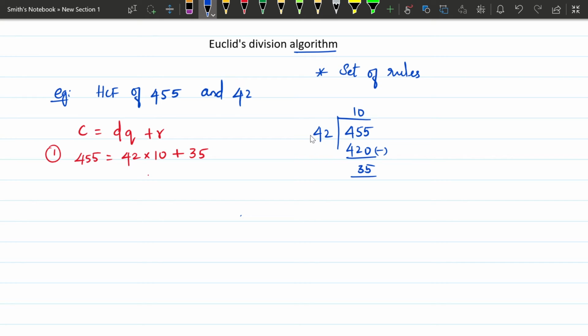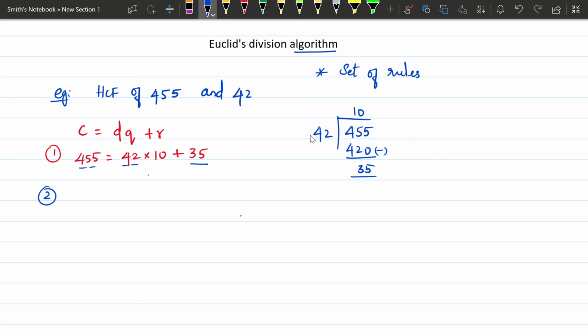We apply Euclid's division lemma until we get the remainder as 0. We'll see the rules later. We know a fact that if there is a common factor for 455 and 42, it must also be a factor of 35.